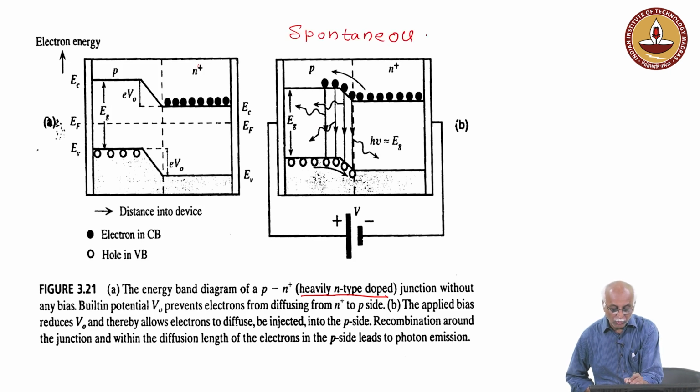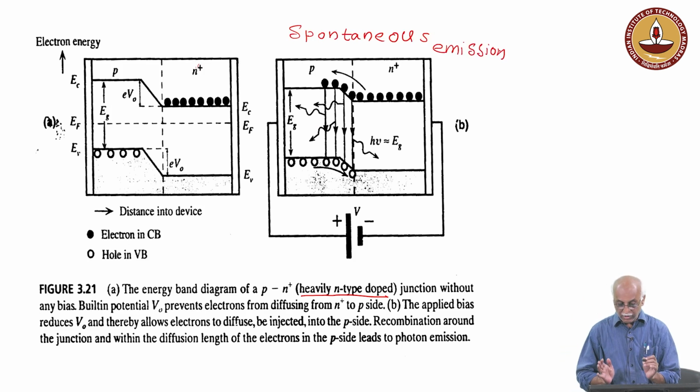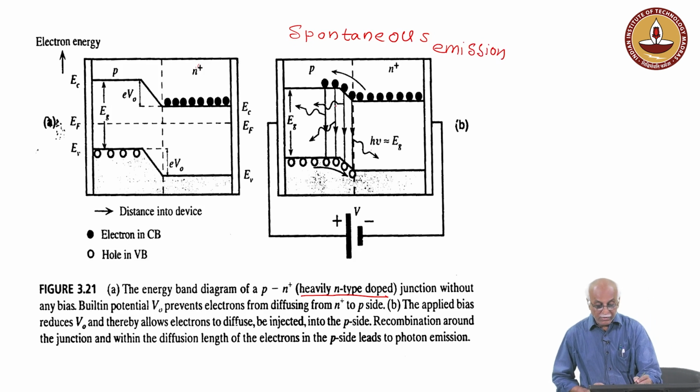So this spontaneous emission is in all the different directions. The photons which are emitted will have different phases, meaning the light emitted in different directions will have different phase.